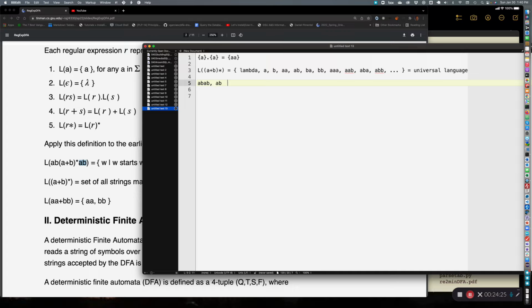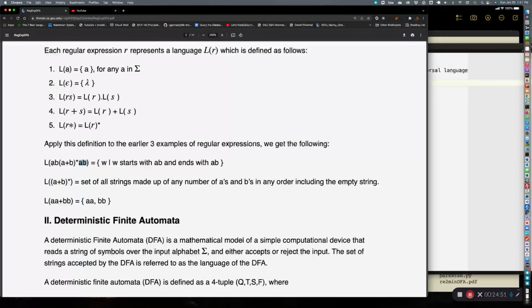Then, AB at the start, AB at the end, and in between you can put anything you want, for example AB, A, B, something like that. Obviously you don't put the blanks, you put them all together. That would be a word in that language, because it begins with AB and ends with AB. That's the only criterion; it doesn't matter what's in between. So those are the kinds of words described by this regular expression, AB(A+B)*AB.